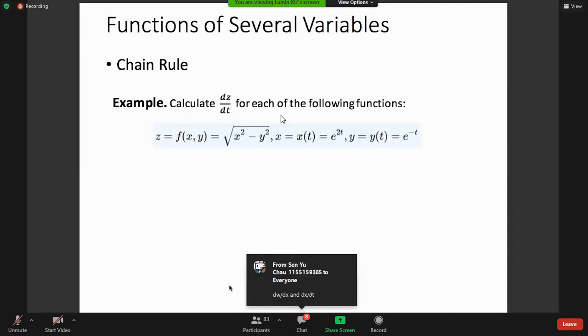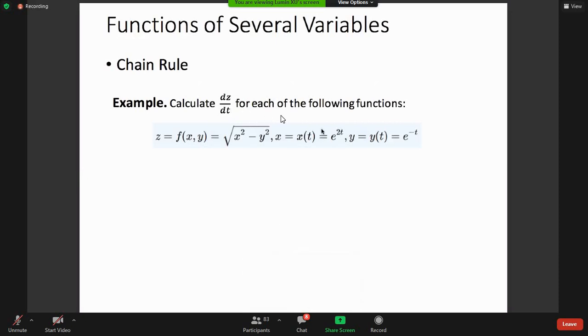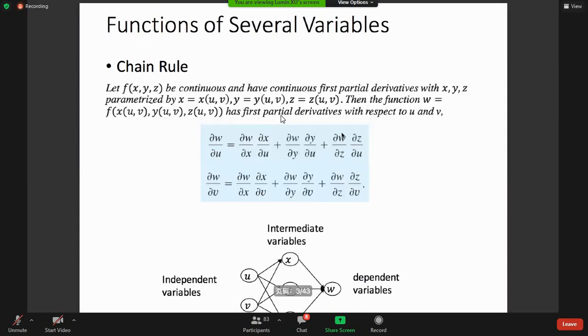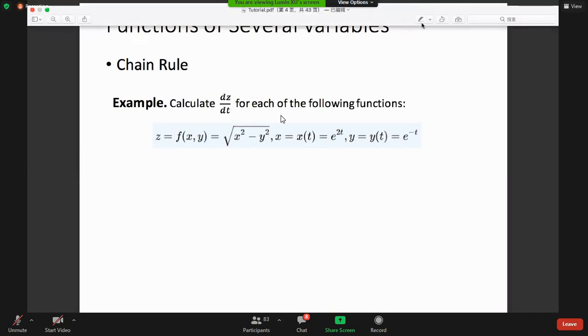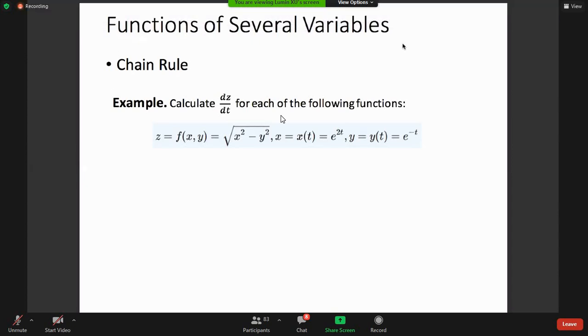But in this case, we have only one independent variable, t, right? So, for example, if we only have u, but not v, we can just use dz/dt to represent it. Good. Am I clear?